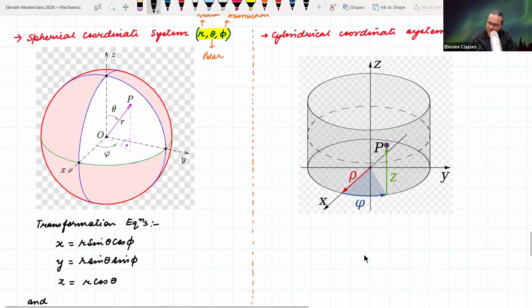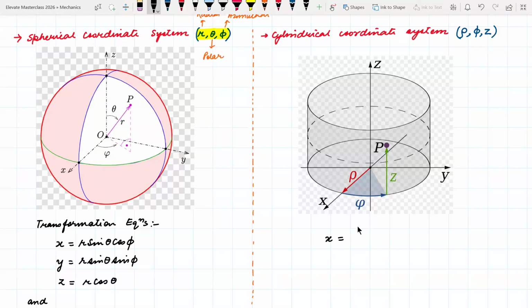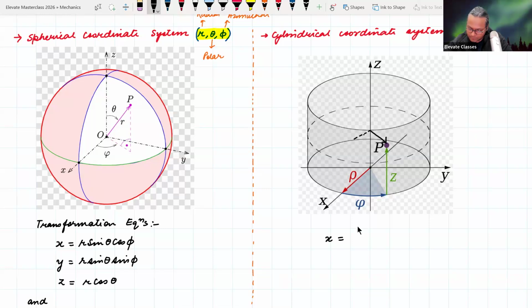So if you look at the transformation equations, what is x here? Rho cos phi. So if this is the rho, and this is the phi, then x is basically rho cos phi.